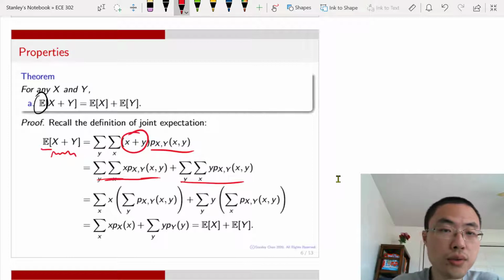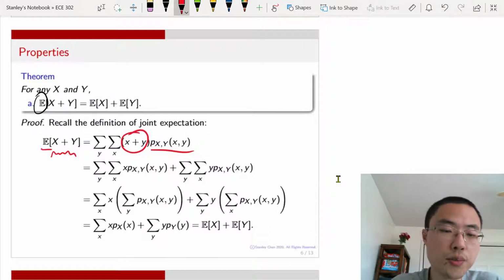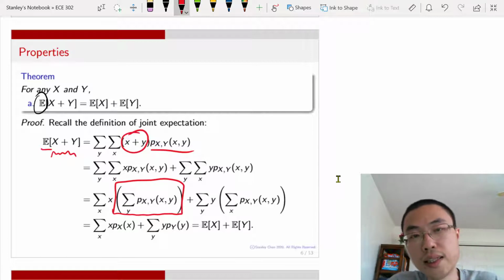Now you look at these individual summations, you can see that there's a summation over all the x, but you can also shuffle the order of the summation. You can sum over the y first. Now, if you sum over the y first, what is this? This is precisely the marginal PMF in x, and therefore you get px of x.